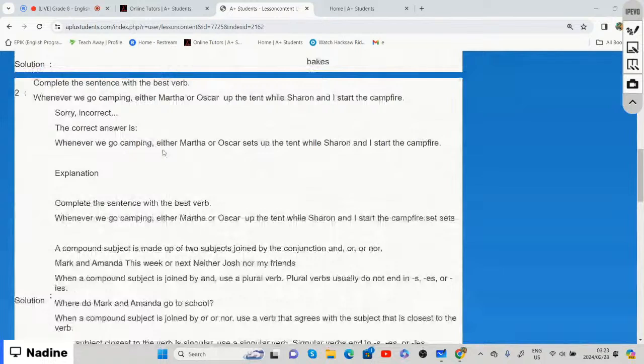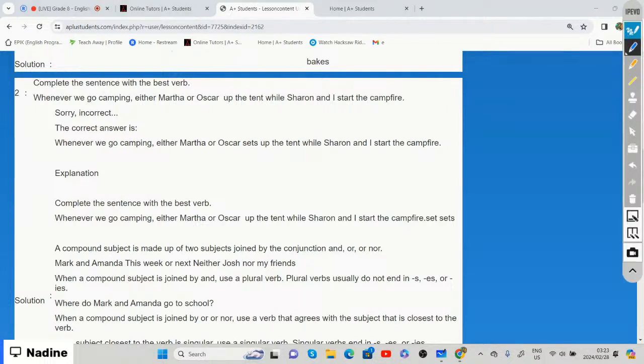Then it says, whenever we go camping, either Martha or Oscar, then we can say, do they set up the tent or they sits up the tent?